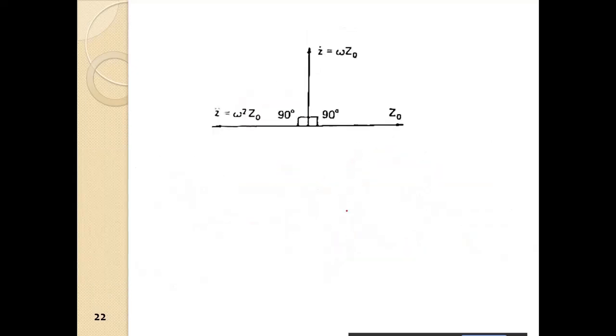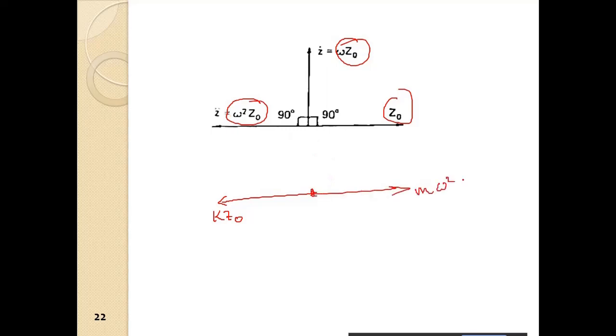So as we have discussed, this is displacement, opposite to that acceleration, perpendicular to that velocity, and opposite to this we have the spring force k z naught. Opposite to that we have the inertial force m into omega square z naught, and opposite to velocity we have the damping force or the dashpot force c into omega z naught.